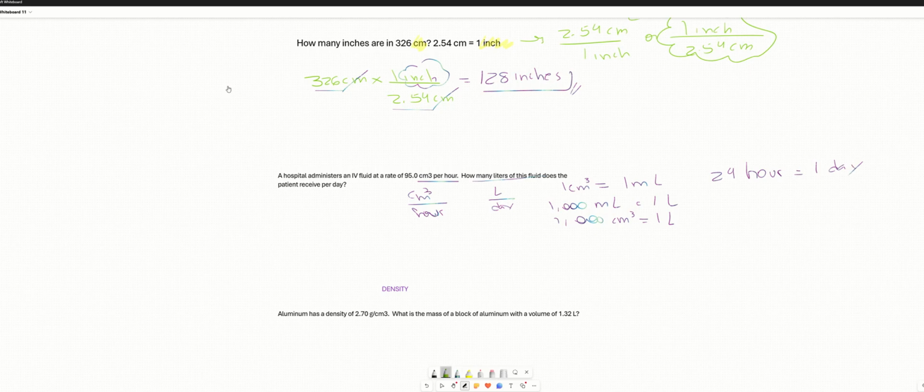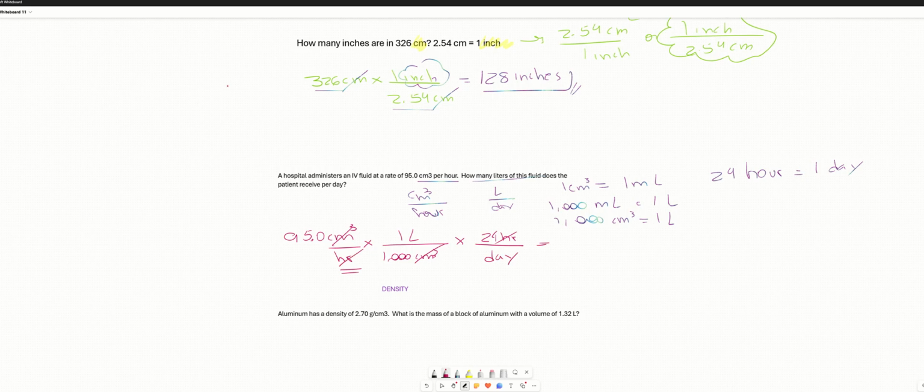So what I have here is 95.0 cubic centimeter per hour. I know that 1 liter is 1000 cubic centimeter, so I can cancel this. And I know that 24 hours is 1 day. If hours are over here, I need hours up there, so I can cancel hours.